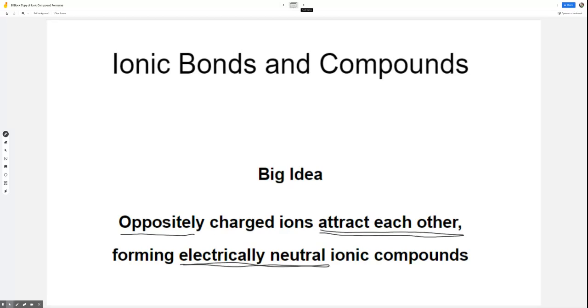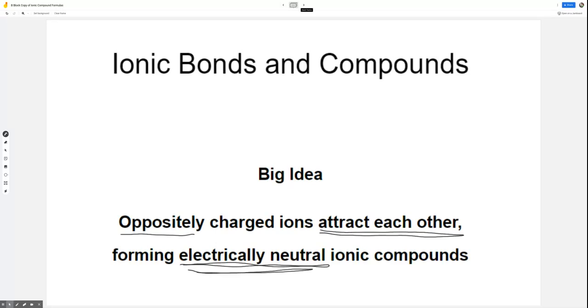Even though the salt is made up of billions and billions of electrically charged particles called ions. The reason for that is that when those ions combine in the right ratio, they cancel each other out.